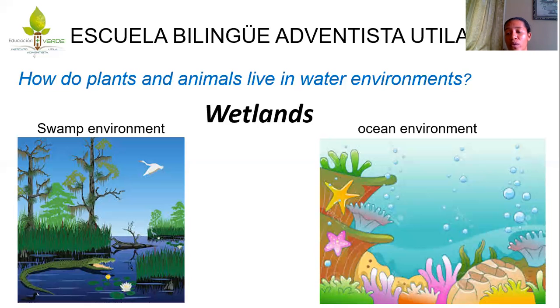Okay, you know the rules. Number one, don't throw any garbage in the sea or on the land or on the wetlands, because a lot of animals live there. And remember, Jesus said that everything he created was beautiful and good. So that means that we have to take care of what God created for us.